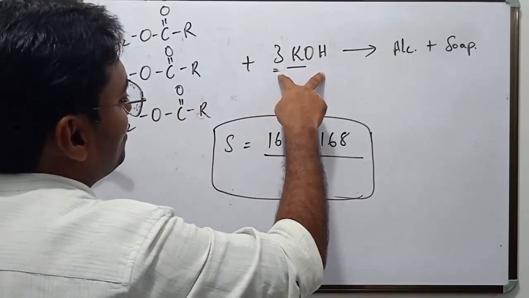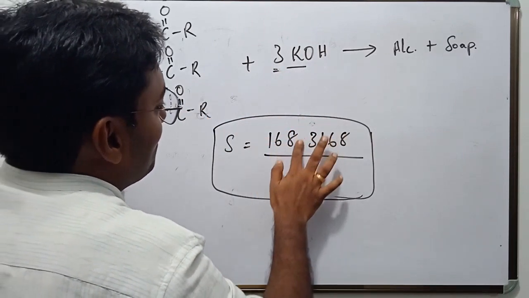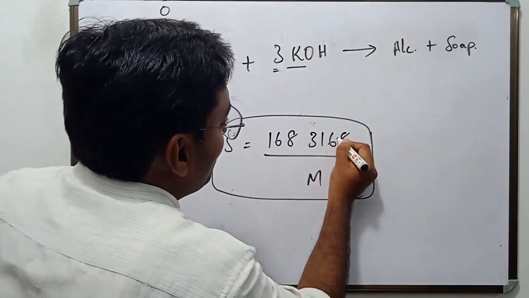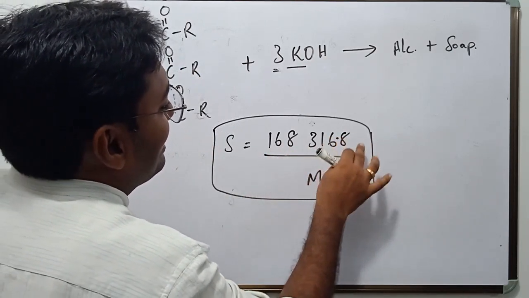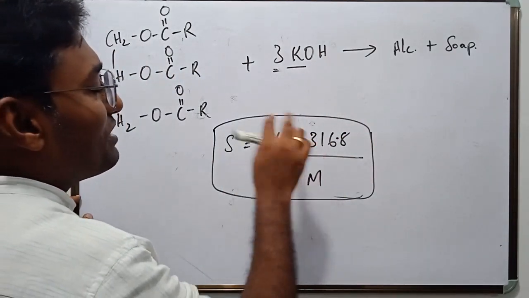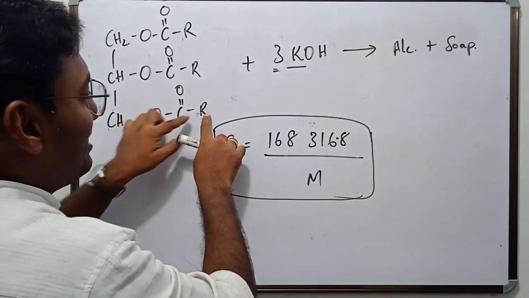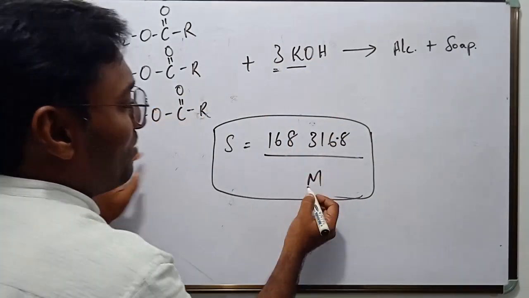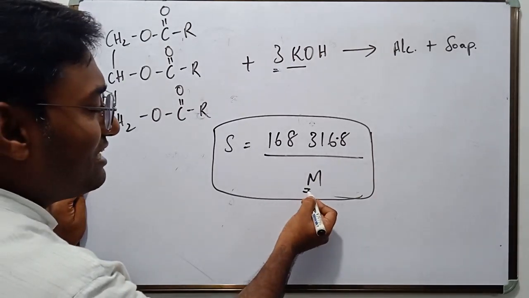The constant value is 168,316.8 milligram. That is a constant weight, right? So this won't be affected. What is getting affected if you are increasing the chain length? Molecular weight is getting affected.